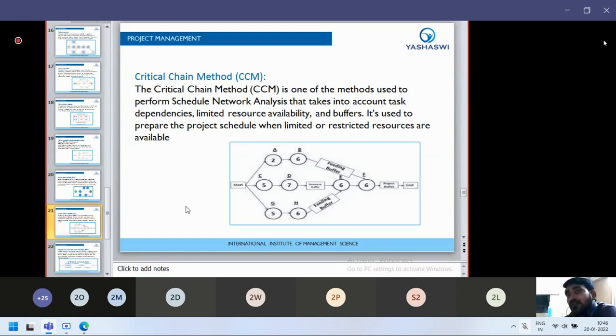Okay, so you have got the critical chain method point: we need to purchase restricted resources, when limited or restricted resources are available, for the critical chain method. As its name indicates, it's critical, so keep in mind critical with restriction of resources.